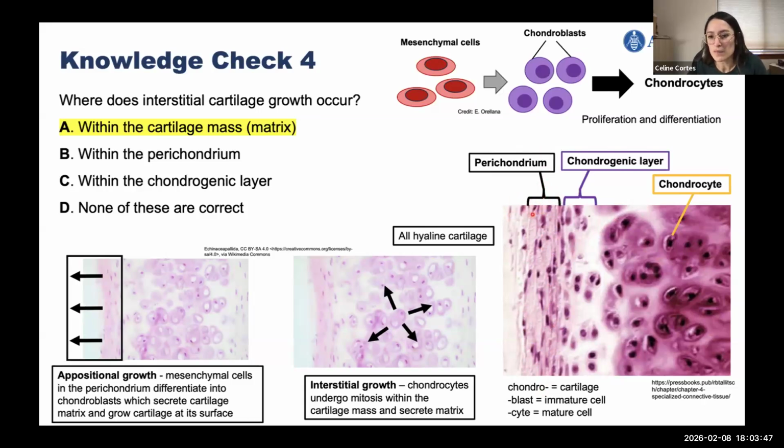The perichondrium is a denser connective tissue area. Then we have what's known as the chondrogenic layer, and this is where chondroblasts are hanging out. This is where we have a collection of chondroblasts that have the capacity to differentiate into chondrocytes.